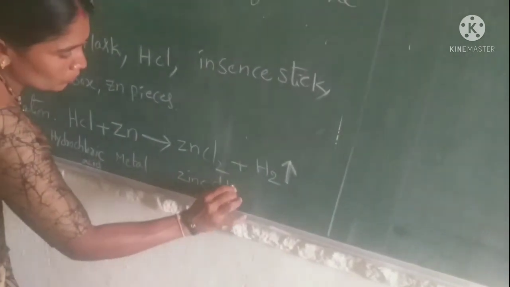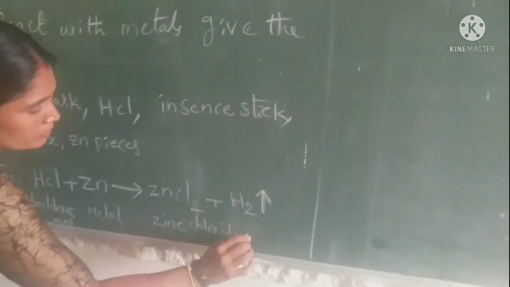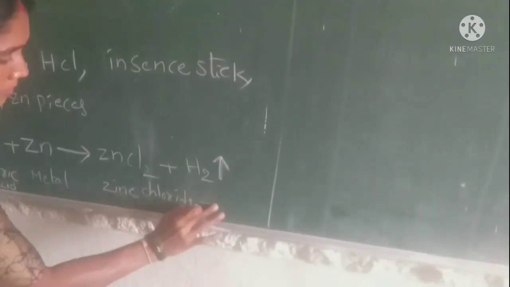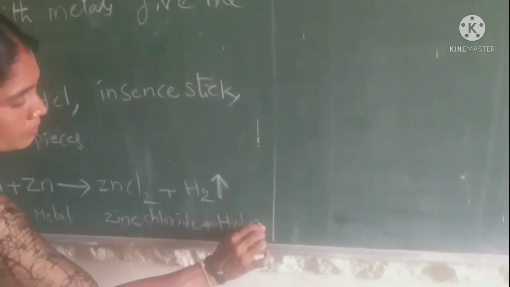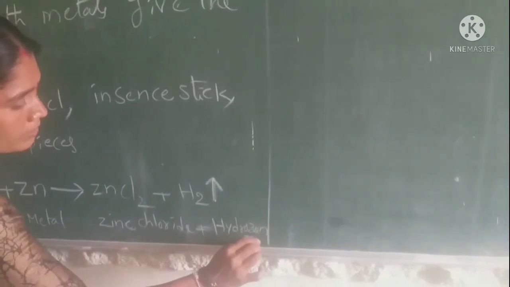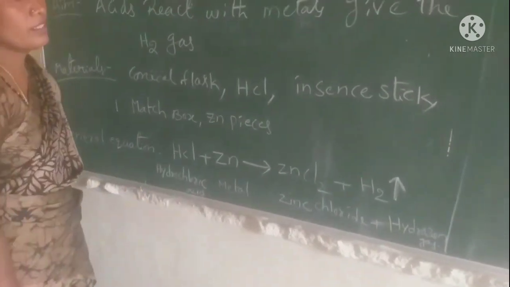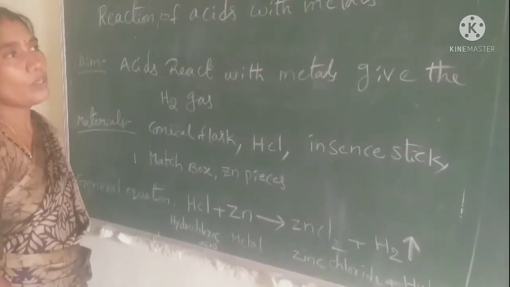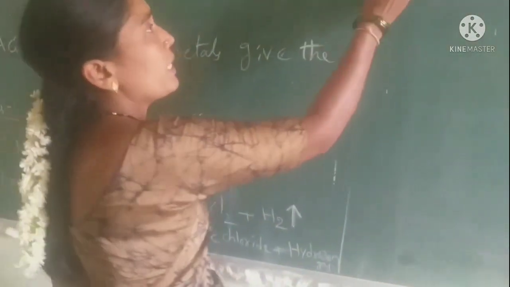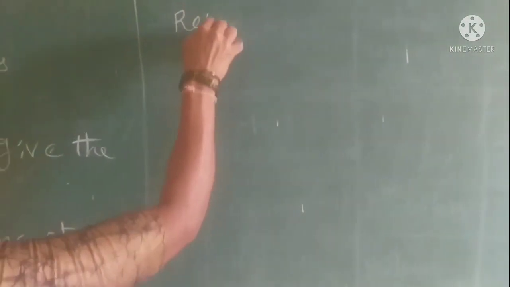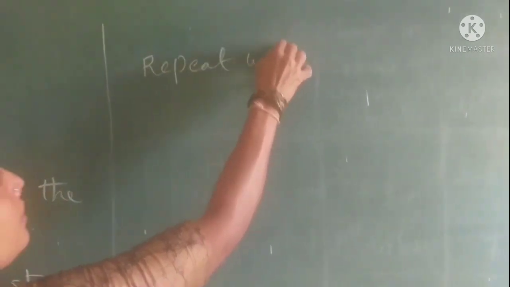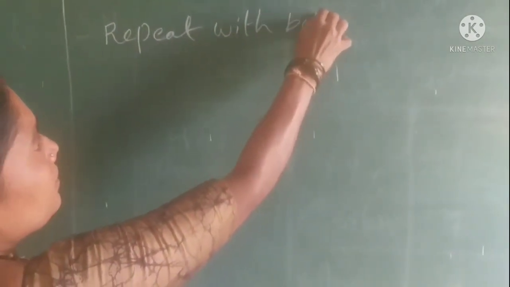Zinc chloride and hydrogen gas. This is the general equation. And the same activity we repeat with bases.